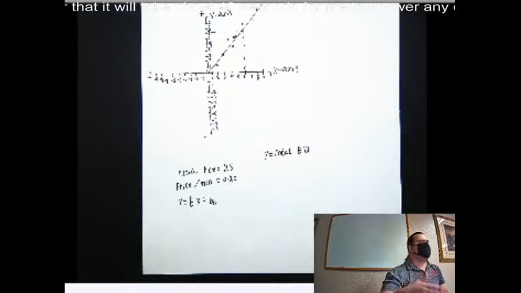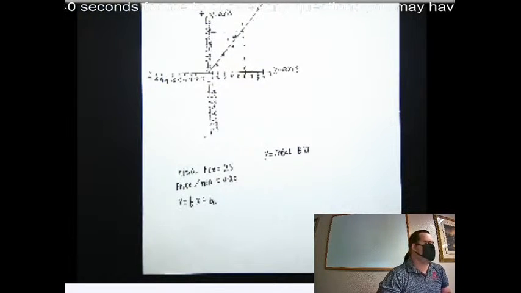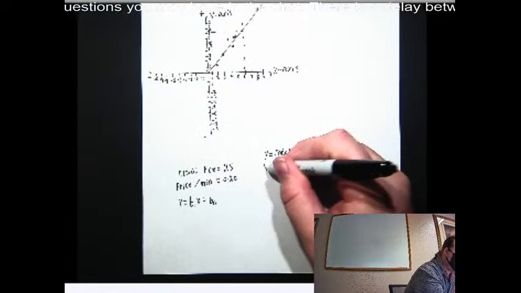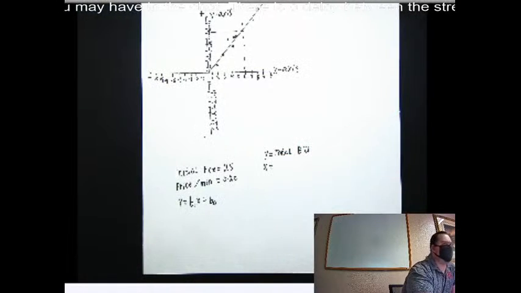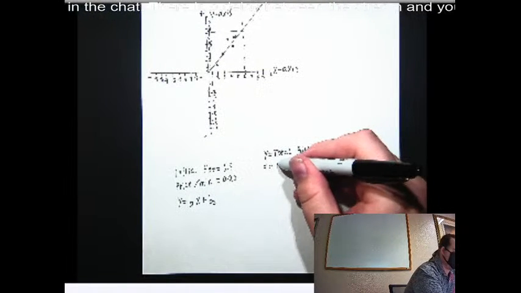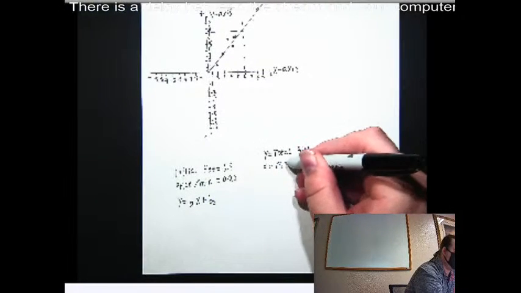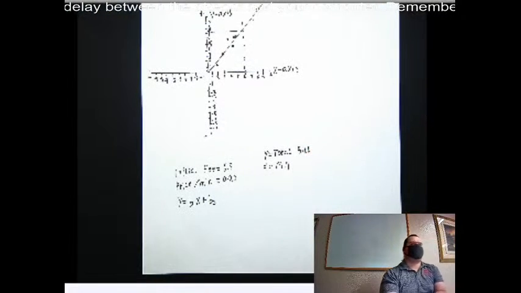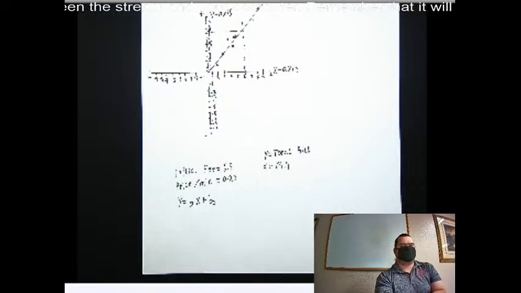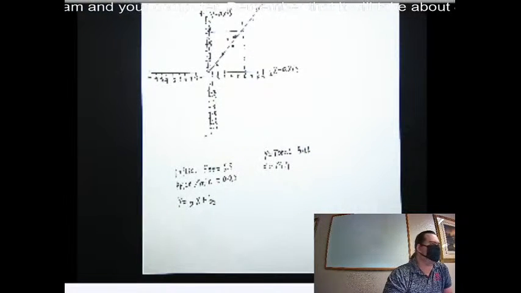So if this bill is based off of how many minutes we use the phone, what's changing in this bill? The minutes that we use on the phone. So our x, that independent variable, is minutes used. Making sense so far? Okay.